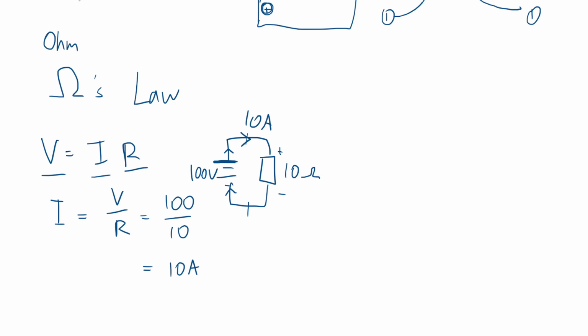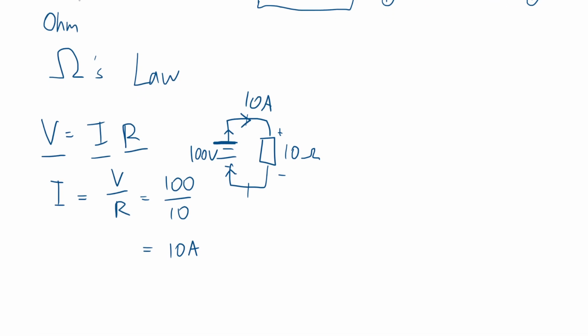So you could think of an electric field sort of wrapped around or through the wire, right? From positive down to negative of the battery. So Ohm's law, again, relates the current through a resistor and the voltage across it.